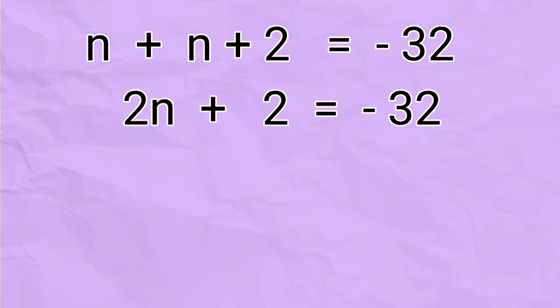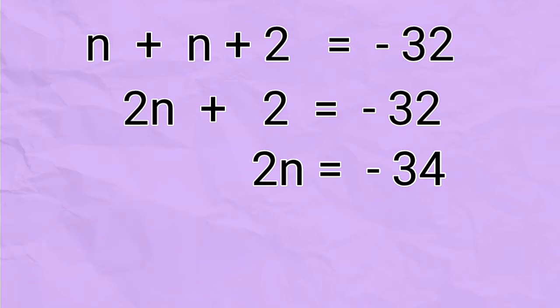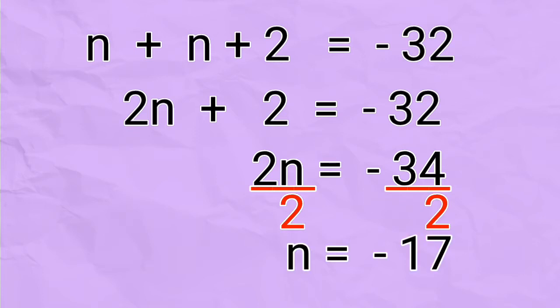So now to get n all alone, we'll subtract 2 from both sides of the equation. That gives us 2n equals negative 34. Now we just divide both sides by 2, and we have n equals negative 17.